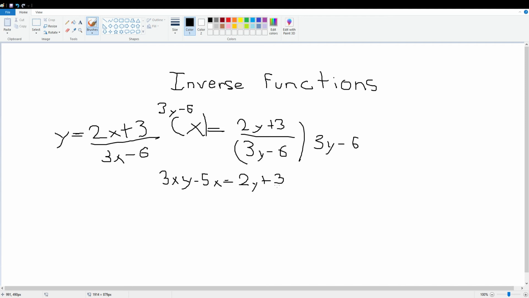It's not like regular solving equations, but there's this special step that you need to do, and once you do it, it'll be really easy. What we want to do is take all the y's to the place where we have an xy, because we want this side to be all y's and this side to be all x's.